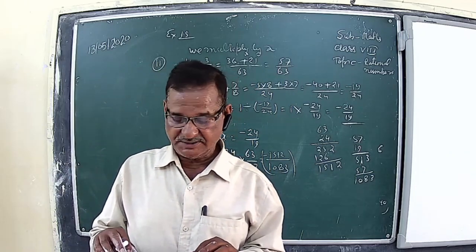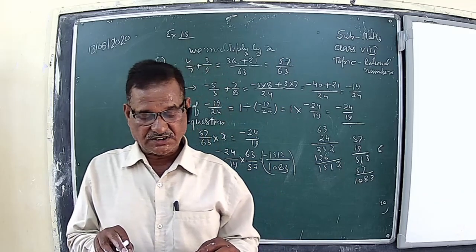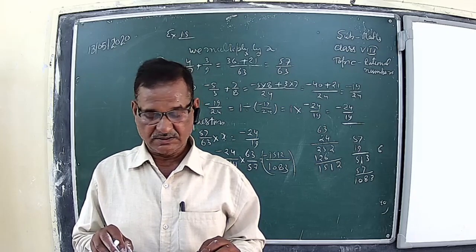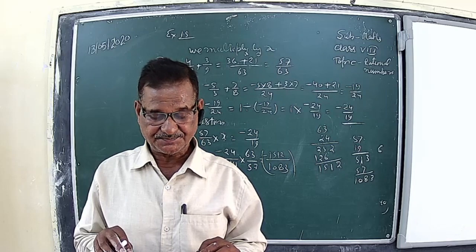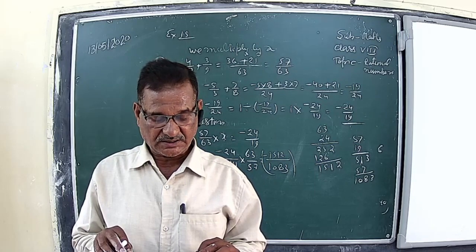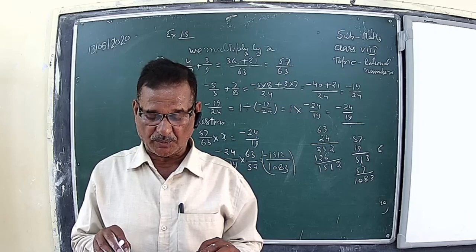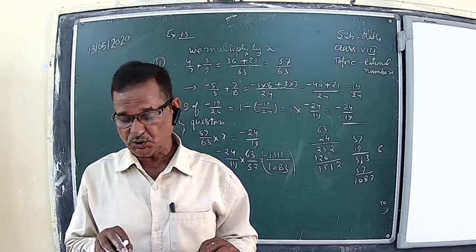Now we see some more questions. Question 13: I ate 2 by 7 of the packet of toffee on Monday and 3 by 11 of the packet on Tuesday.